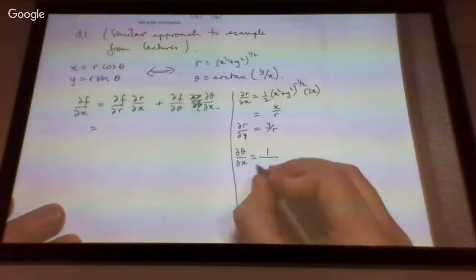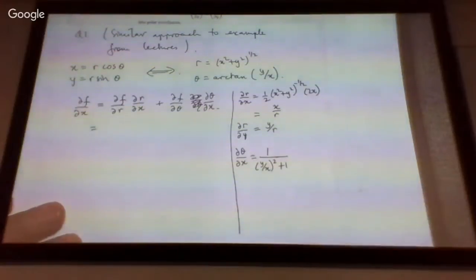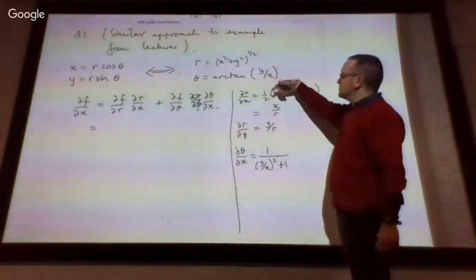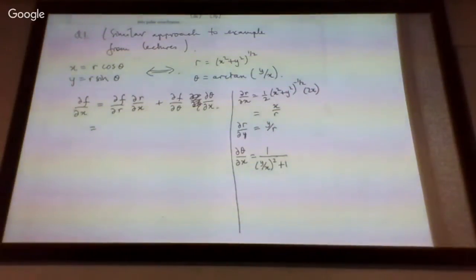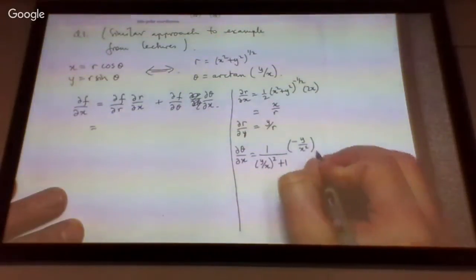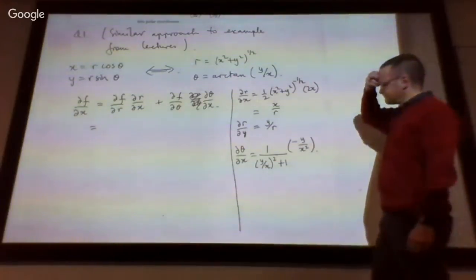So this will be 1 over y over x all squared plus 1. That's the derivative of the inverse tan part. Then you multiply by the derivative of the inner part. The derivative of y over x with respect to x is minus y over x squared, differentiating x to the power minus 1.